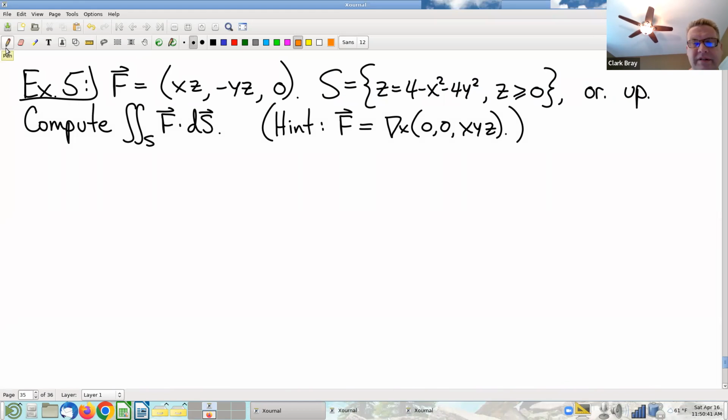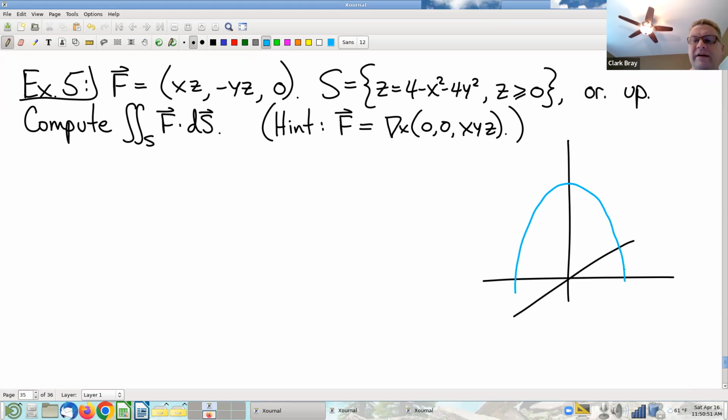Let's remind ourselves of our picture. We have our surface like that. It's got a boundary that is about like that. There's our boundary.